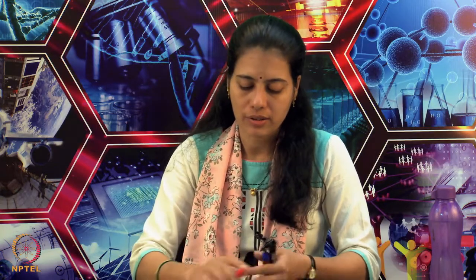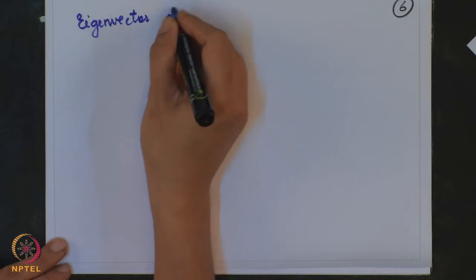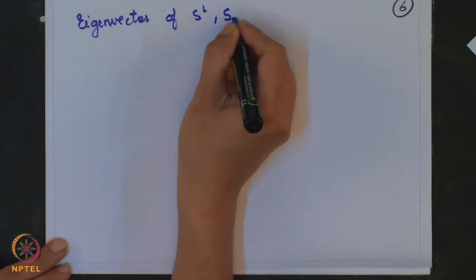Final part is the B part which you have to evaluate, and before that I will just give you a hint of the eigen vectors of S square and Sz.